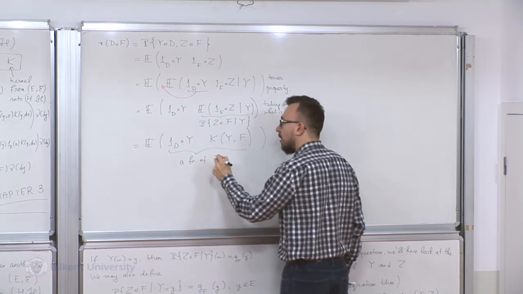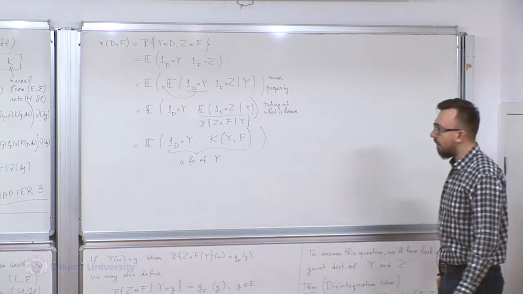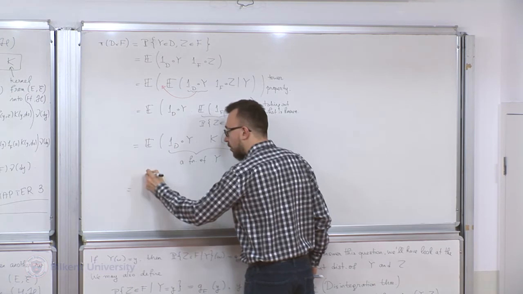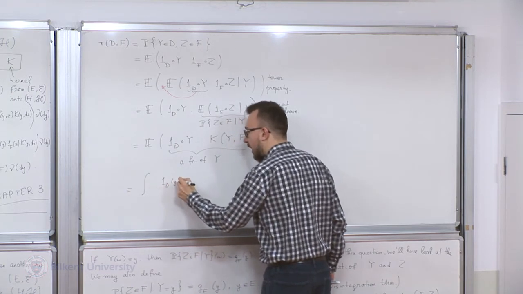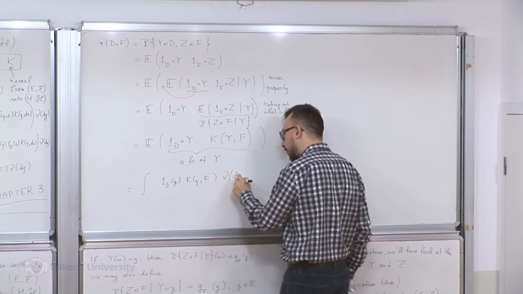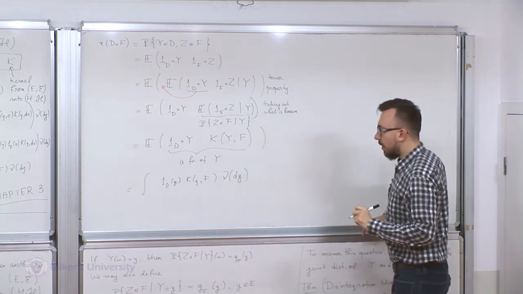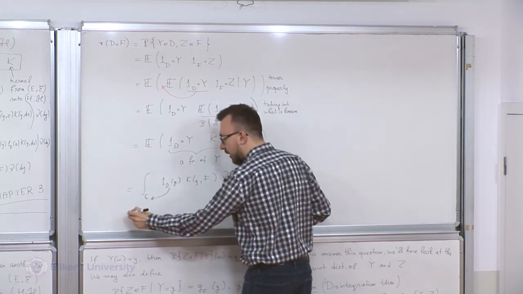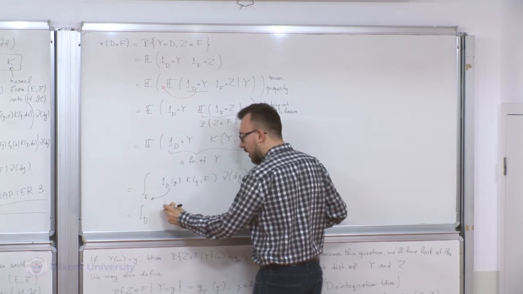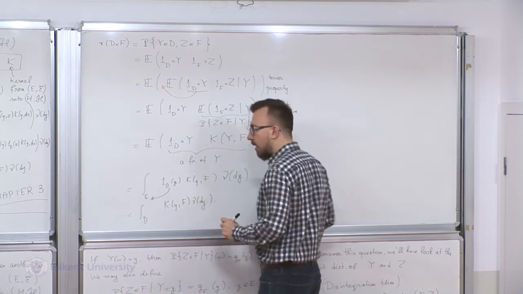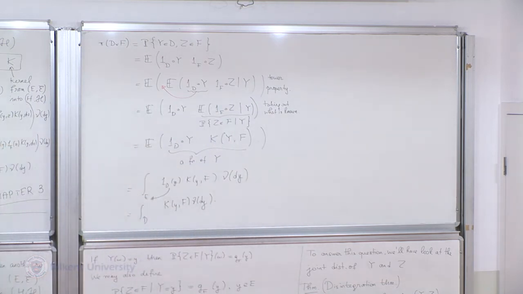So if I need to find the expectation of a function of y, I have a formula: the function at y times the distribution of y over the full space. And since it is an indicator, this is the integral over D of k(y, F) nu(dy), which is what we wanted to show.